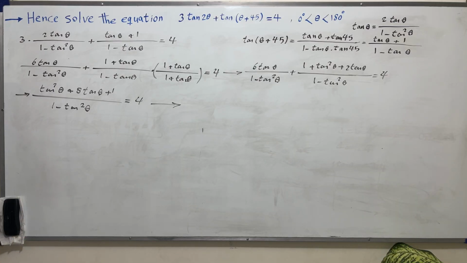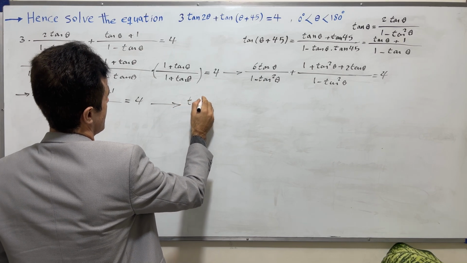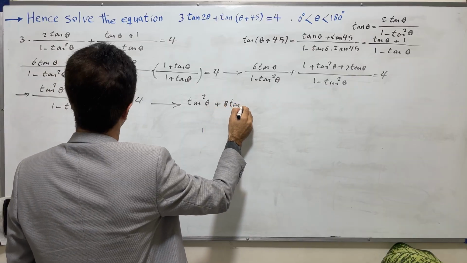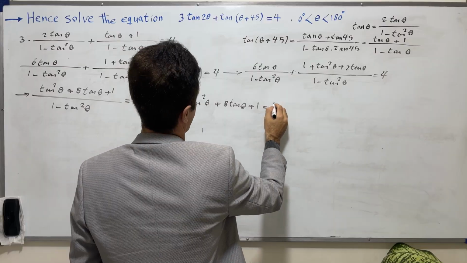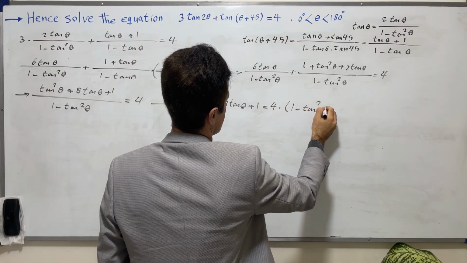To eliminate the denominator, we multiply the terms by 1 minus tan squared θ. Then we have tan squared θ + 8 tan θ + 1 equals 4 times (1 minus tan squared θ).